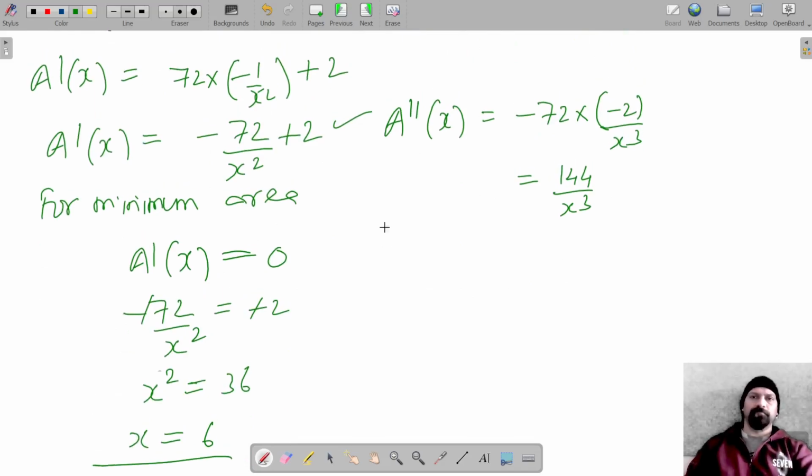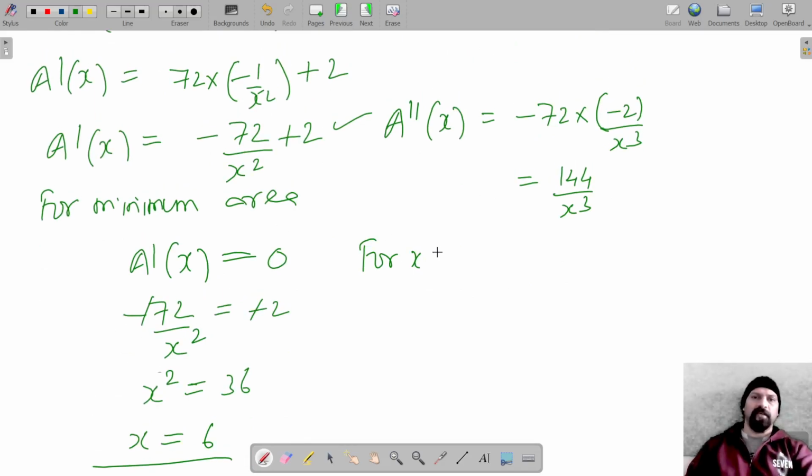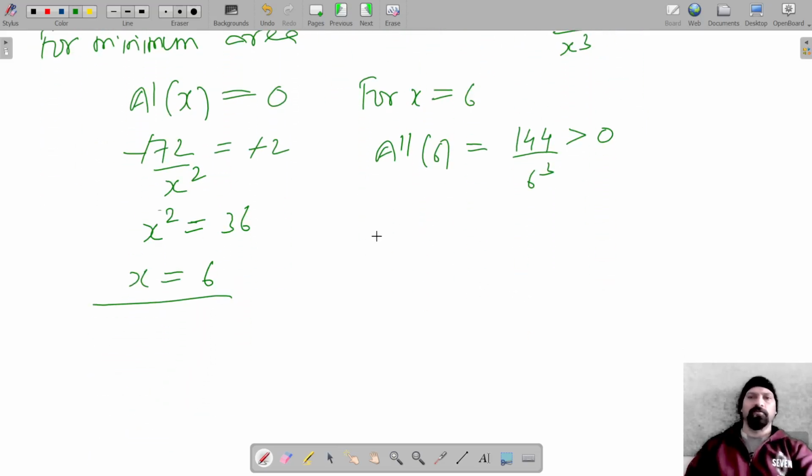For x equal to 6, the second order derivative's value is 144 by 6 cube, which is greater than 0. So that means the area is minimum when x is equal to 6.